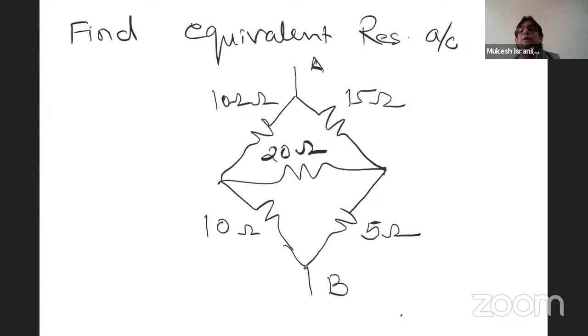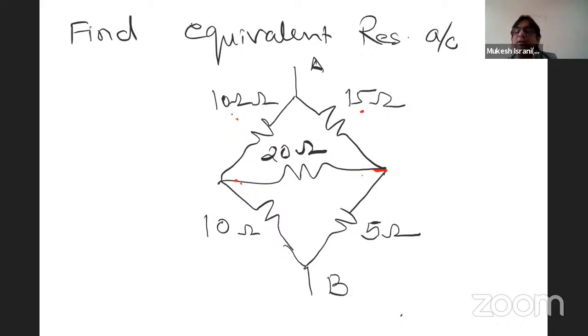See, this 10 and this 15 can't be in parallel because this 20 ohm has come in between, right? So I'll tell you, is there anything series parallel in the figure?